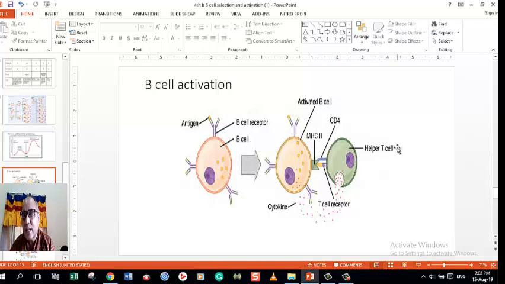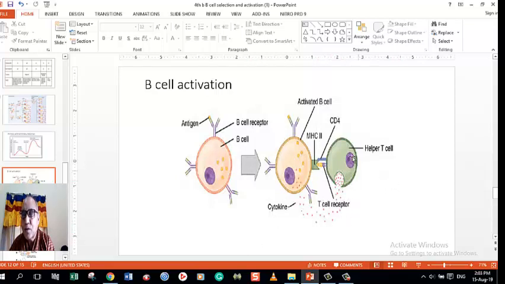T helper cells have CD4, and these CD4s bind with the MHC2, and these T cells would produce interleukin 2 and interleukin 10, and that activates other T cells.